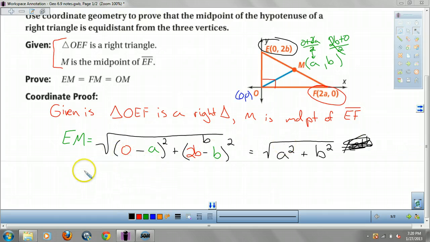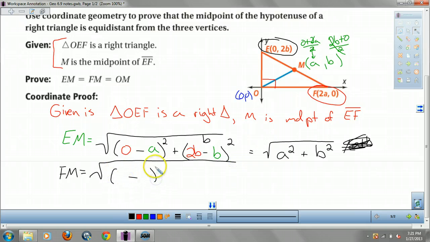Next, let's find FM. Square root of something minus something squared plus something minus something squared, right? Now F is supposed to be red, so I'm going to plug in 2a, 0.